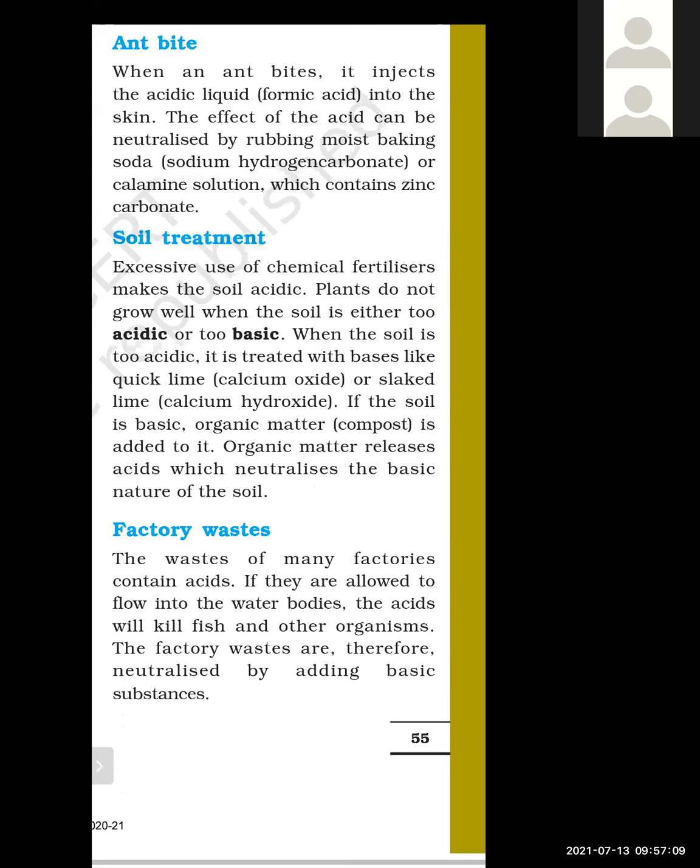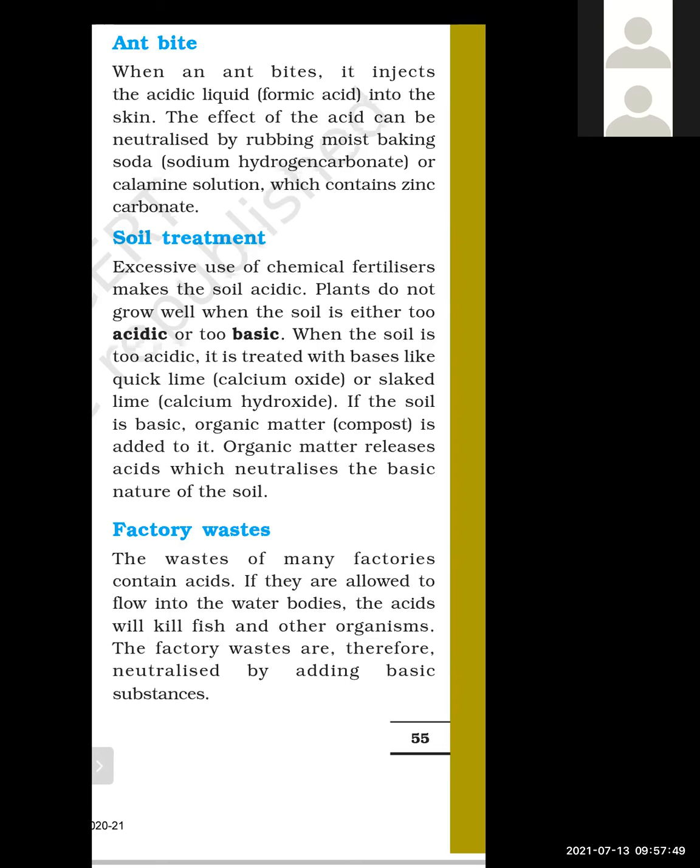That harmful product may either be released directly into the air, or released into the water, and that water will go into our fields or into water bodies like rivers, ponds, lakes, and that water contains harmful substances. That substance can be acidic or too basic in nature. And when this water goes into the river, pond and lake, it will affect aquatic plants and aquatic life, aquatic animals.